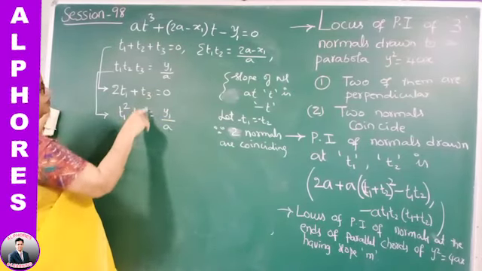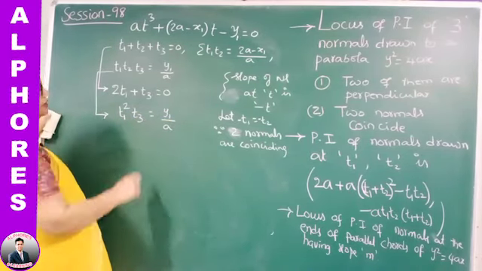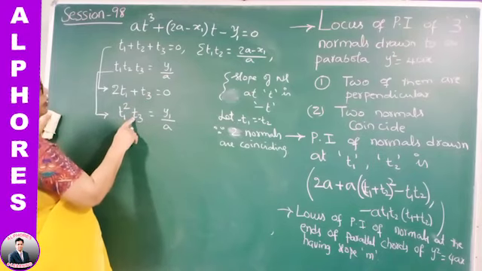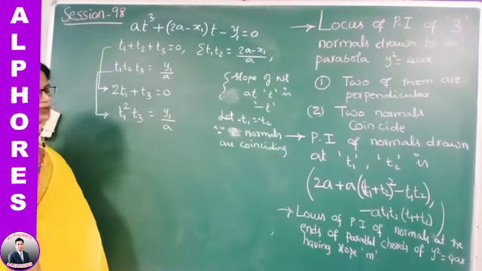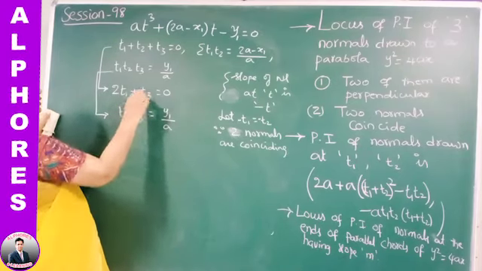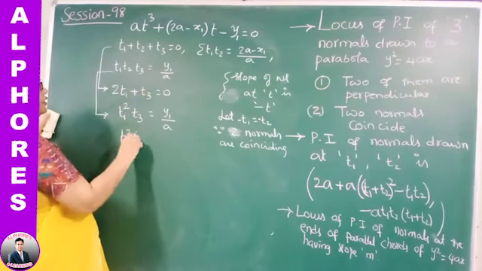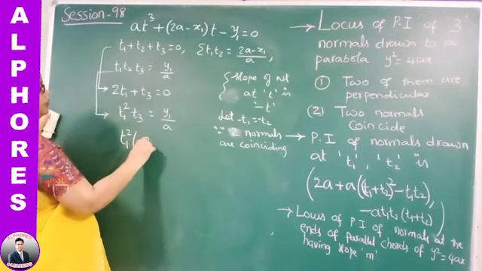Now from these two you can eliminate one of the values. So here I can write the T3 value as Y1 divided by T1 square A, or from this we can substitute. So I am substituting from here, that is T1 square into T3 means minus 2T1.